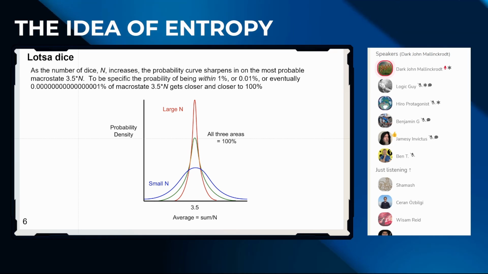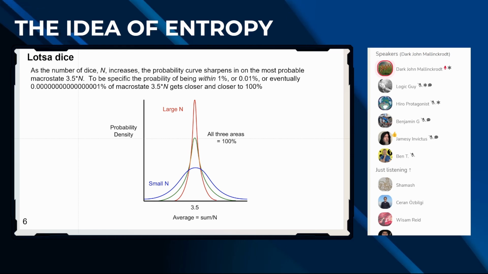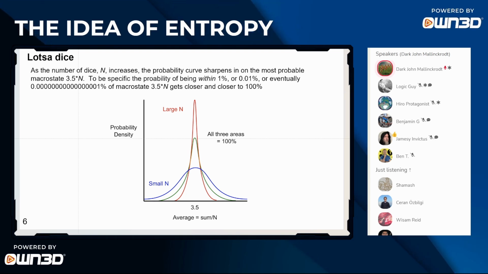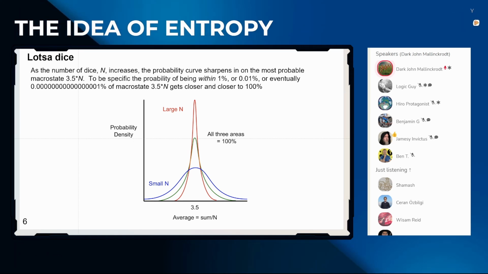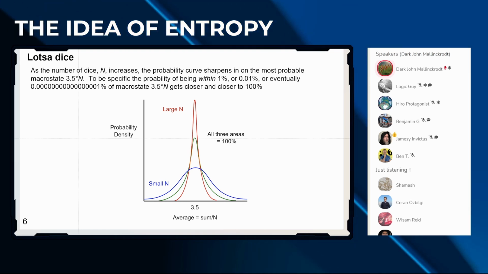It's a probability density, and that is reflected in the fact that the area under each one of those curves is 100%. So as it gets sharper, it has to get taller so that the probability, which we get by, in the language of calculus, integrating under that curve, the area of that curve represents 100% because it's got to be something.